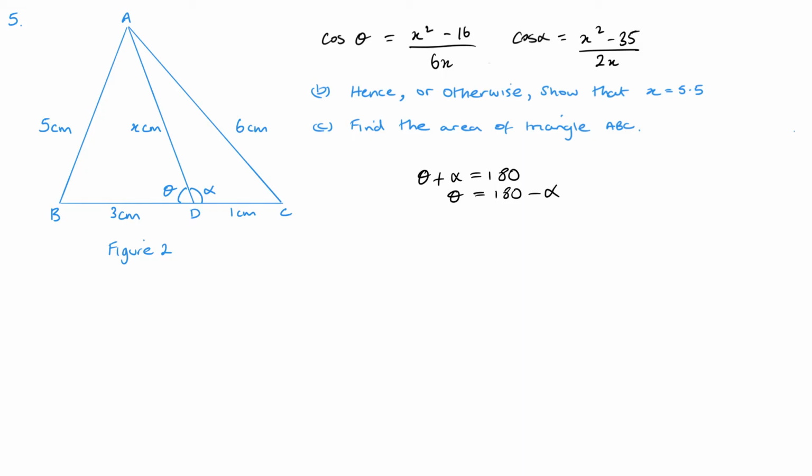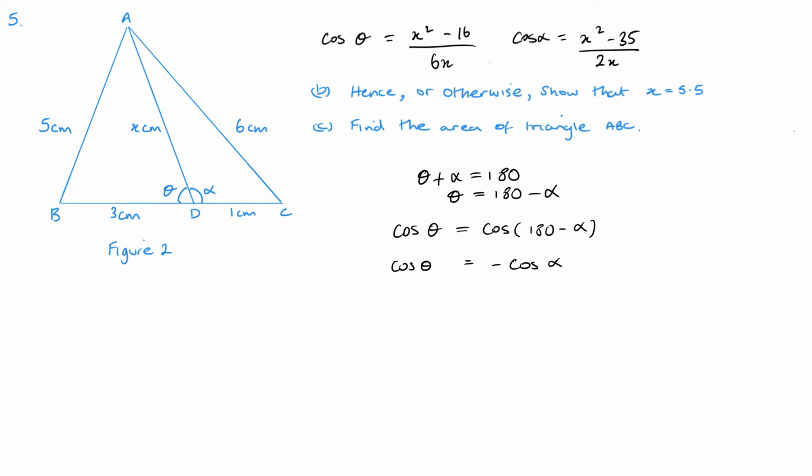So I can say cos theta must be equal to cos of 180 minus alpha. And 180 minus an angle is the same for cos as minus cos alpha. So these two things are the same.